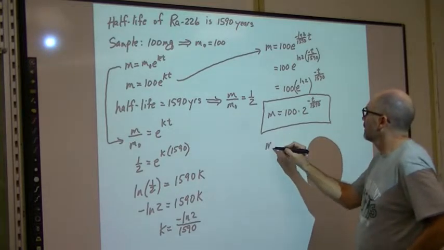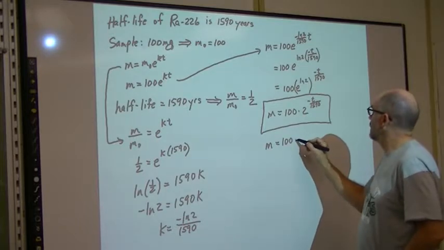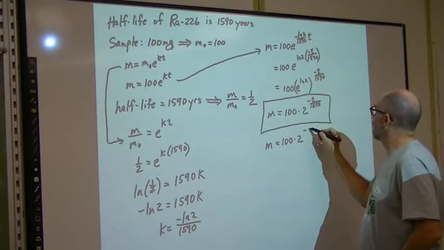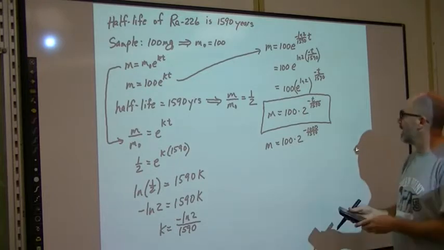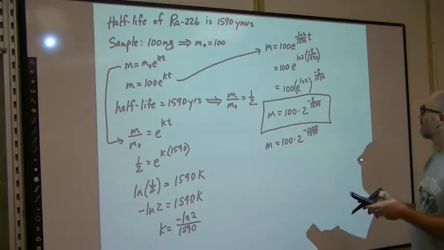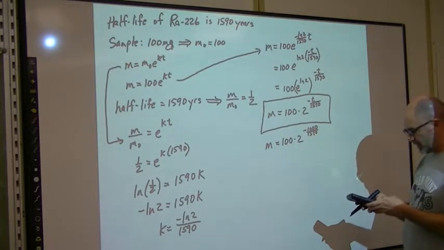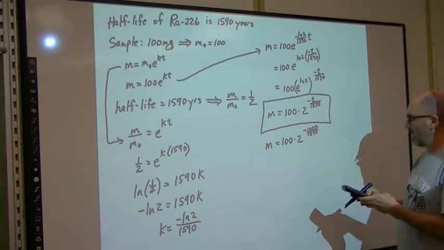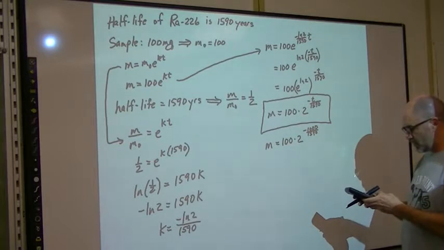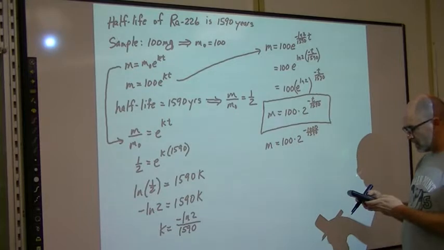So the mass after 1,000 years is going to equal 100 times 2 to the negative 1,000 over 1590. So let's just crank that out. So the mass after 1,000 years is going to be 1,000 over 1590, change signs, divide, and I go 2 to that power.